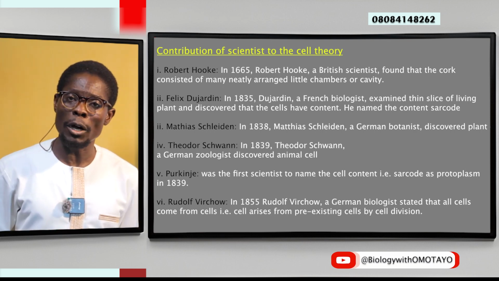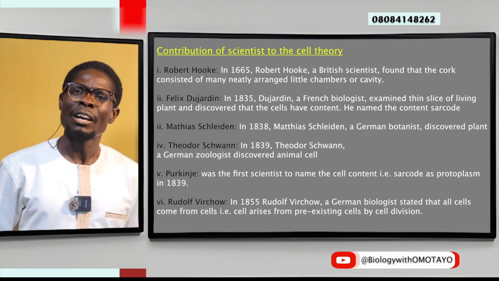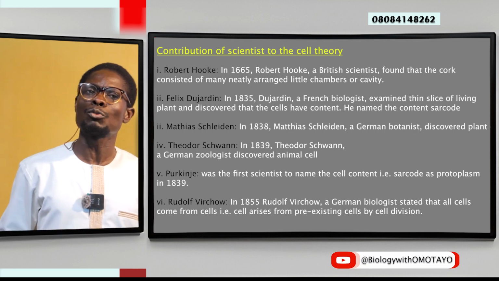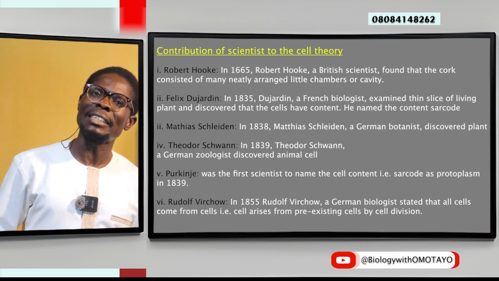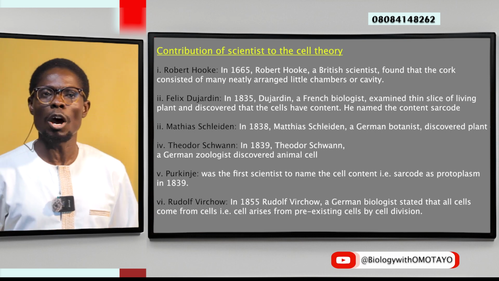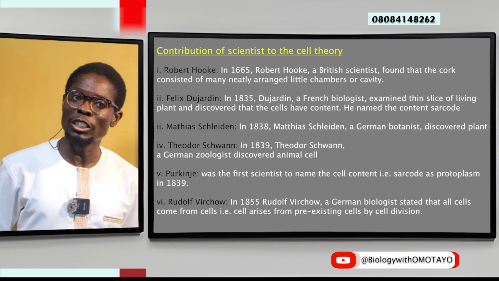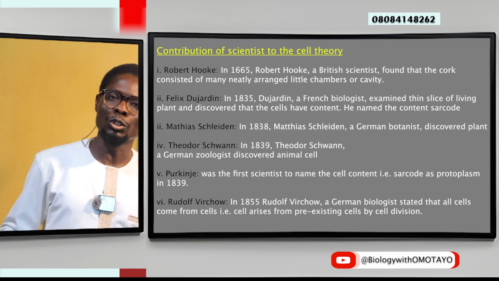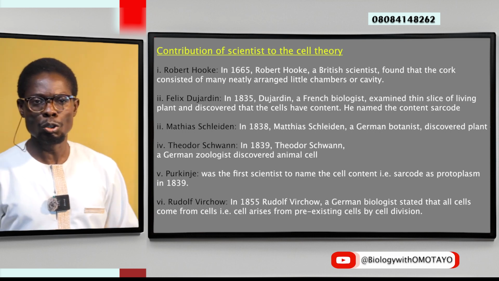We examined Robert Hooke and his work in 1665, went on to look at Felix Dujardin and his work in 1835, after which we looked at Mathias Schleiden and his work in the year 1838, before moving on to look at the works of Theodor Schwann in the year 1839, and then Purkinje 1839 as well, and then lastly Rudolf Virchow in the year 1855. It had been taken chronologically.